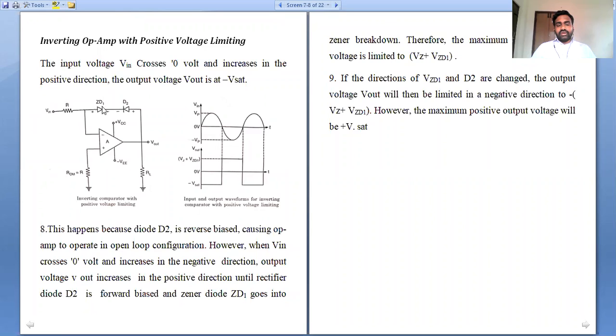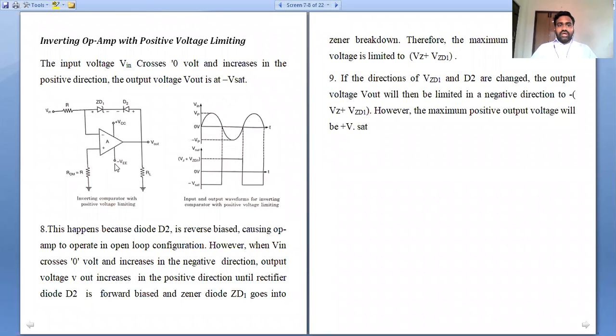A feedback terminal is connected to the inverting input terminal at one end, and at the other end it is connected to the output terminal. Again the load resistance RL is grounded here. So this is the circuit configuration.